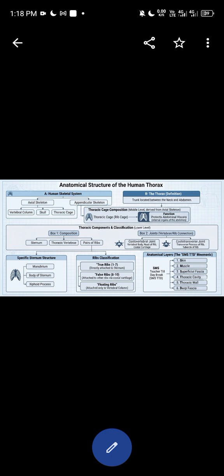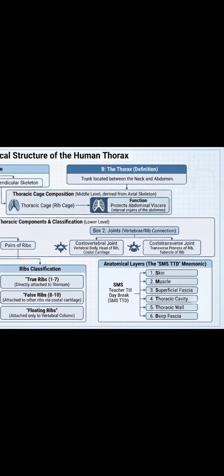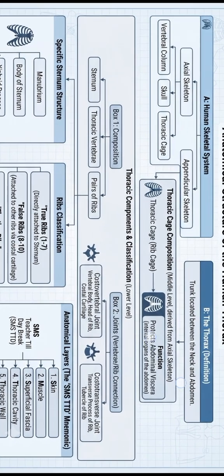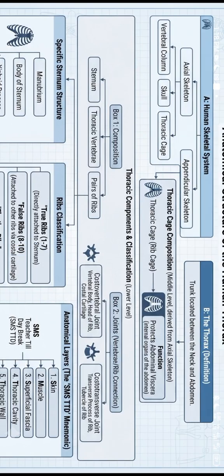So the meaning of thorax, you can see it here, the definition of thorax. Thorax is a region of the trunk located between the neck and the abdomen.